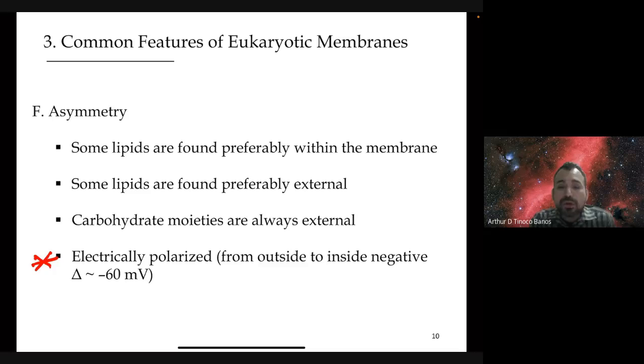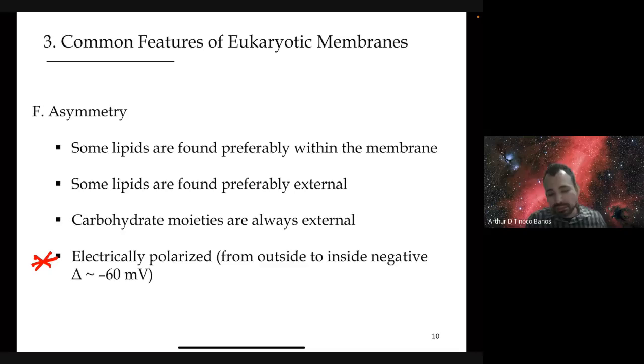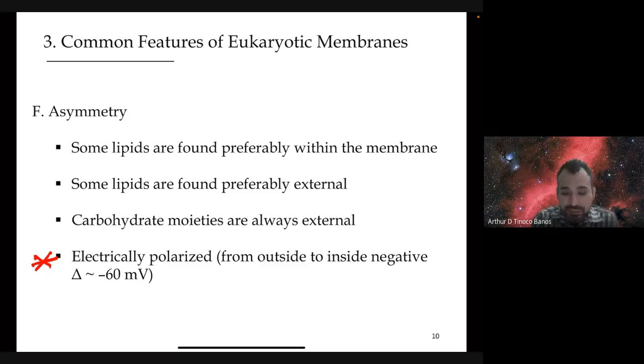What facilitates this polarization are the structural properties of a molecule, whether you have charge groups. Looking from outside to inside, there is a delta of approximately negative 60 millivolts. So they are electrically charged, and that can help facilitate movement. We'll see that in a moment.